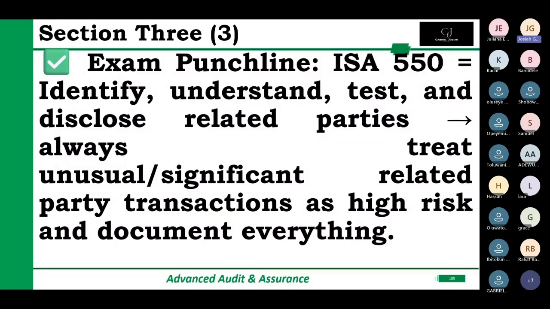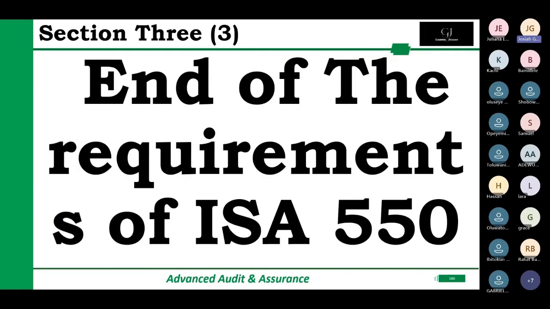So the risk assessment area must treat this as a high risk area, and the auditor must document everything done in this regard. So those are the requirements of ISA 550 on related party transactions.